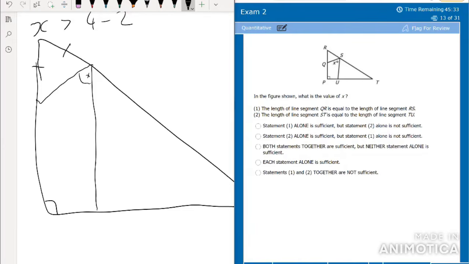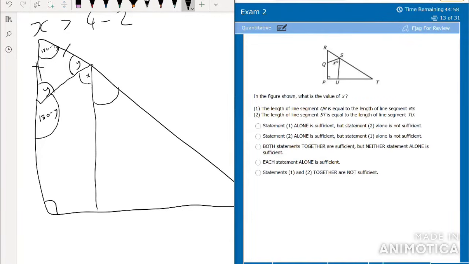Well, that means that whatever this is, let's call it Y, then this one is also Y, which makes this one 180 minus Y, and this one 180 minus 2Y.